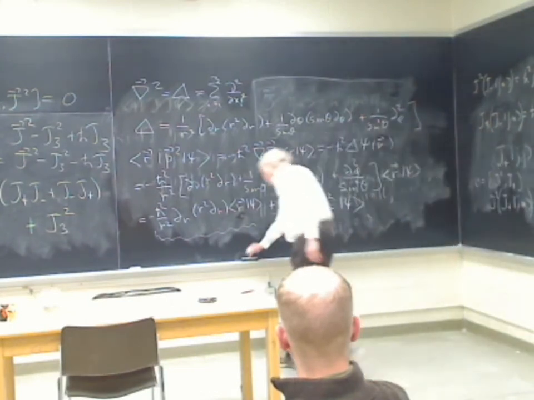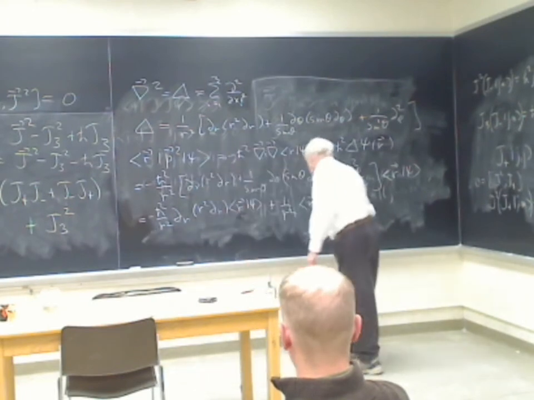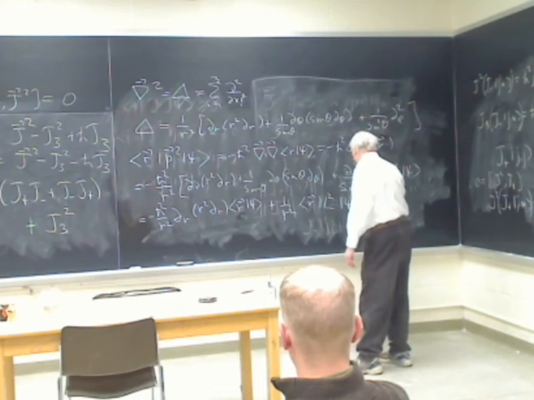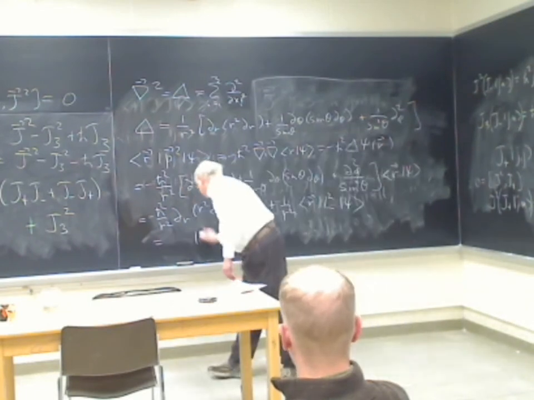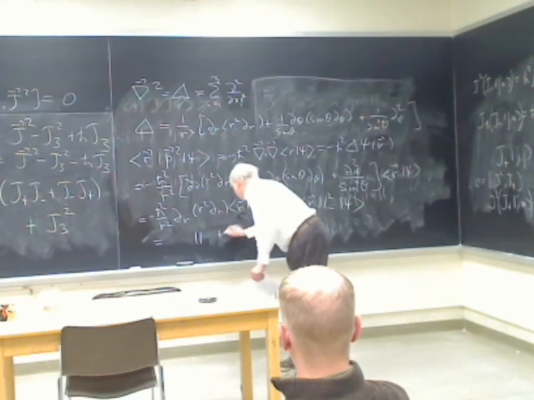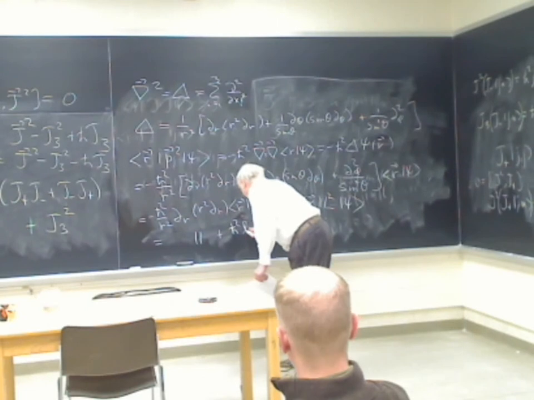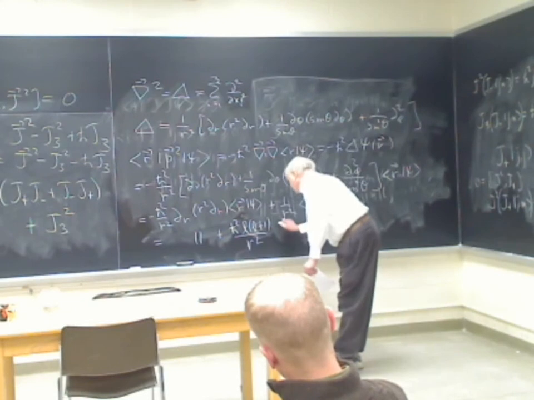And then this would be ditto, and then plus h bar squared l(l plus 1) over r squared, just simply times r psi.